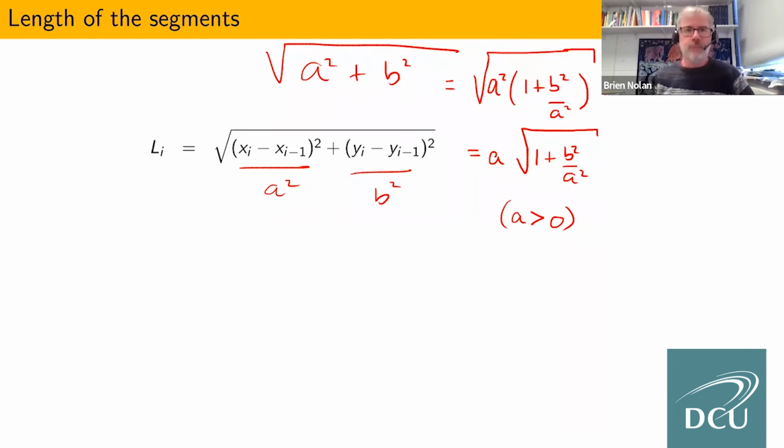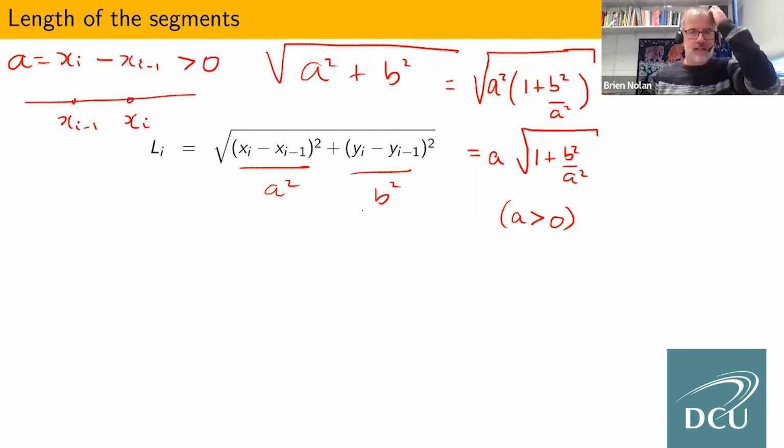So the a in this case is going to be x sub i minus 1. And that's definitely positive because in our partition, x sub i minus 1 is always to the left of x sub i. So that's a positive number. That's my a.